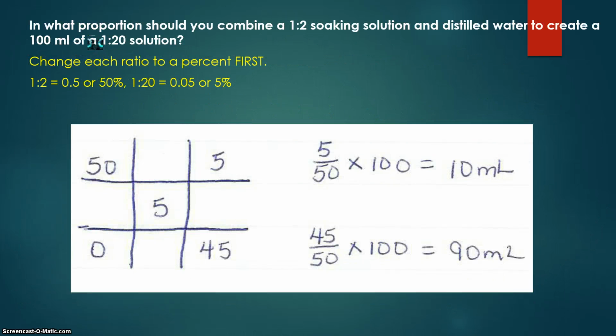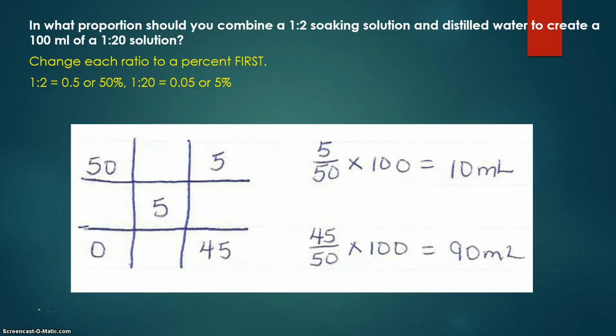Another one. In what proportion should you combine a 1 to 2 soaking solution and distilled water to create a 100 ml of a 1 to 20 solution? So same concept, same idea. You have to basically change each ratio to a percent first, right?